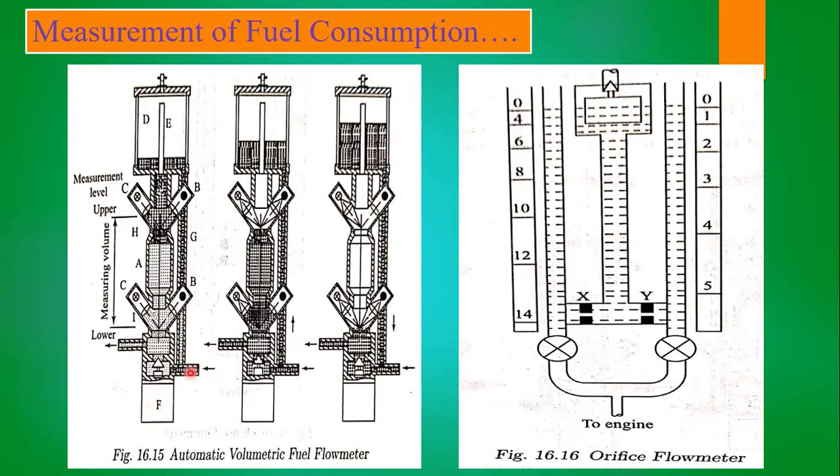This is the flow from the fuel tank from here to here. When we start the device to measure fuel consumption, the wall moves slightly upwards so that it restricts the fuel from going directly from the fuel tank to the engine. Now the fuel goes to the engine from this equalization chamber.